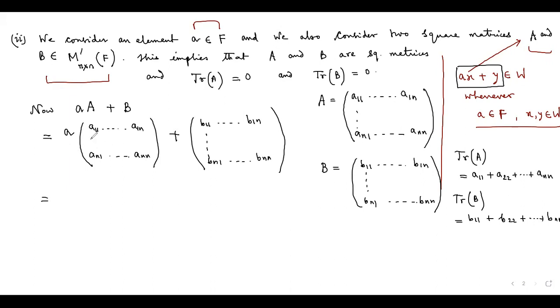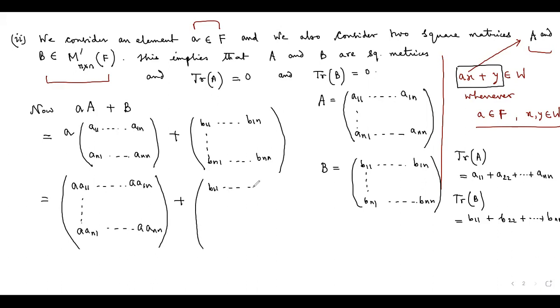What do we mean by scalar multiplication? When we multiply a matrix by a scalar, every individual element gets multiplied by it. So I'm writing it in this way, and this I'm writing as it is.